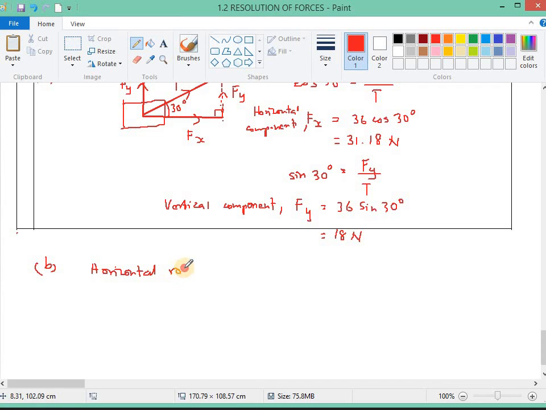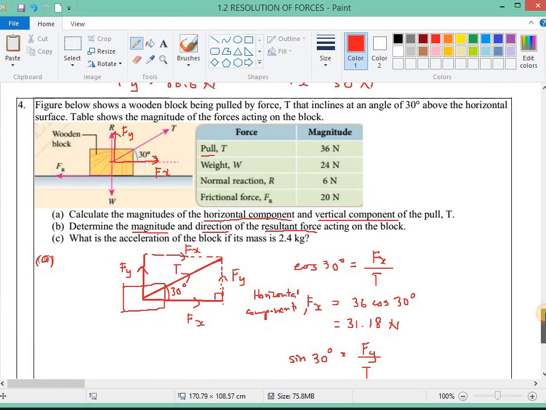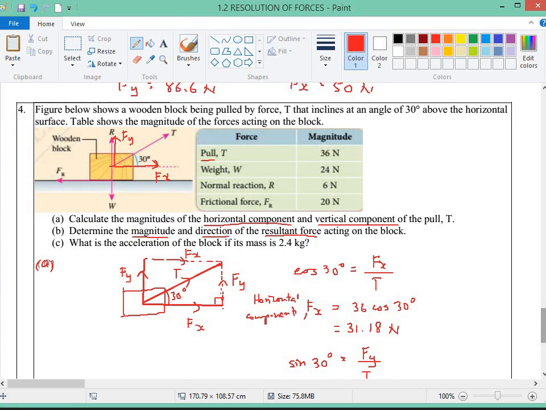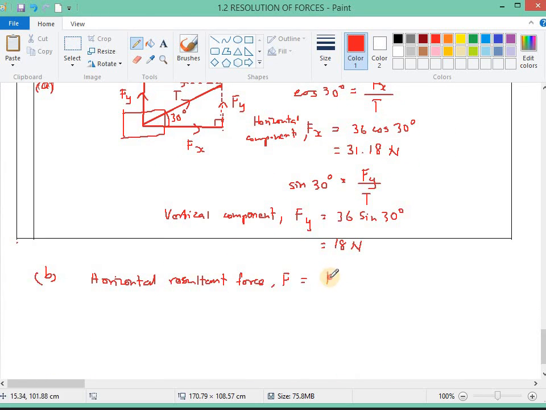Okay, horizontal resultant force. I just add it: equal to Fx plus the negative of the friction, because the friction is in the negative direction.